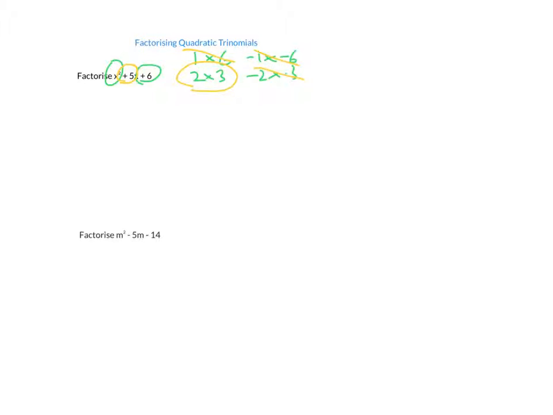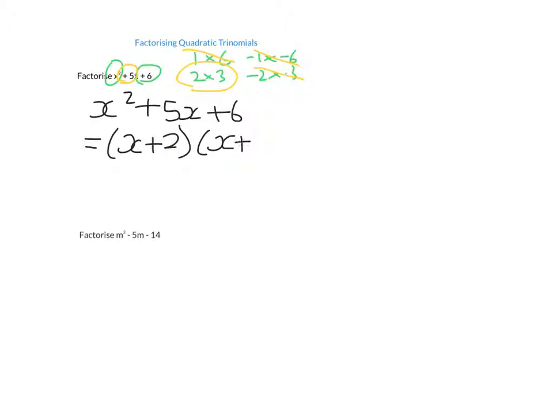So x squared plus 5x plus 6 will be factorised as x plus 2 and x plus 3. So the 2 and the 3 are the two factors that multiply together to make the 6, which is the last term, and add together to make the 5.